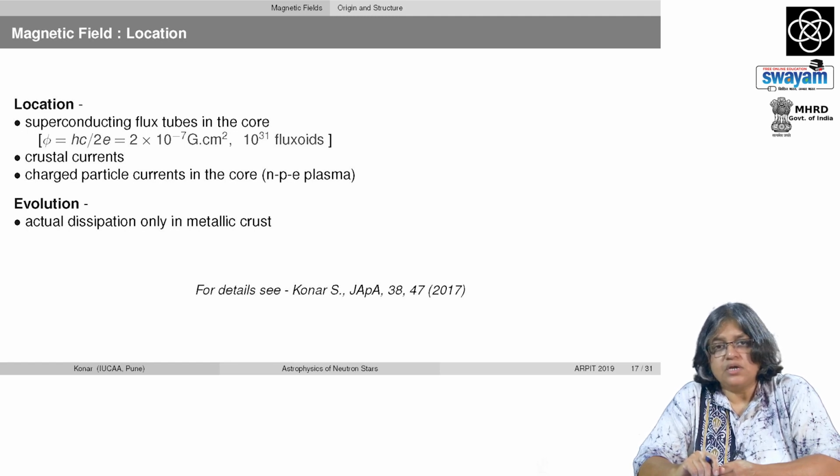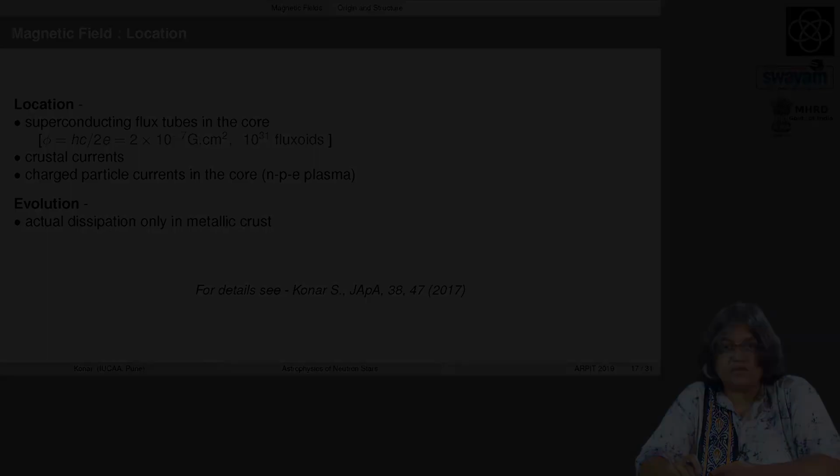If the core is not superconducting, even then the conductivities are so large that magnetic field would not evolve even over Hubble time scale. So, therefore, if we are talking about magnetic field evolution, we have to have magnetic field residing in the crust or brought to the crust by some mechanism.